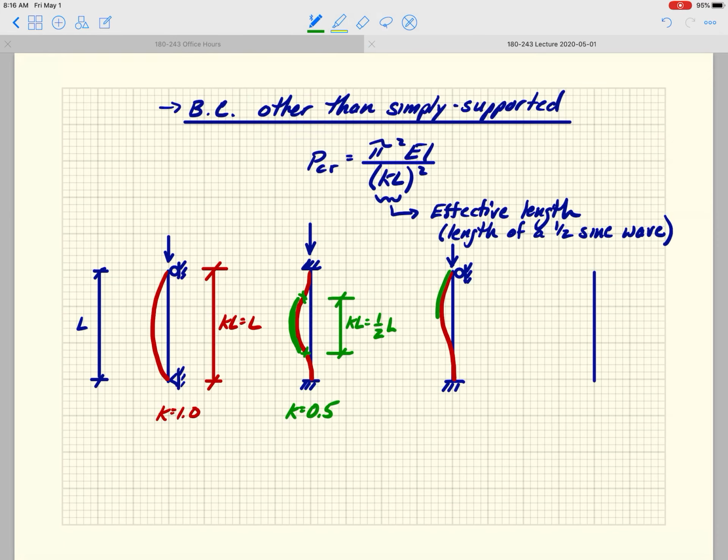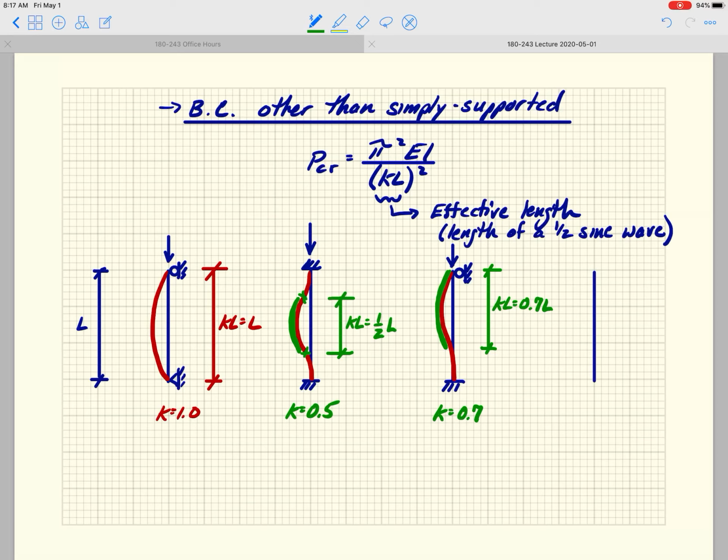If I'm going to highlight in green the half sine wave portion of it, it looks like that, and the dimension here is KL equals 0.7 L. So in this case, K equals 0.7, right?